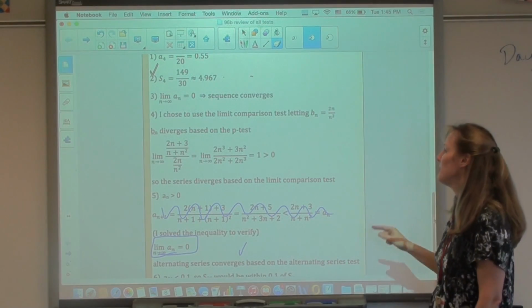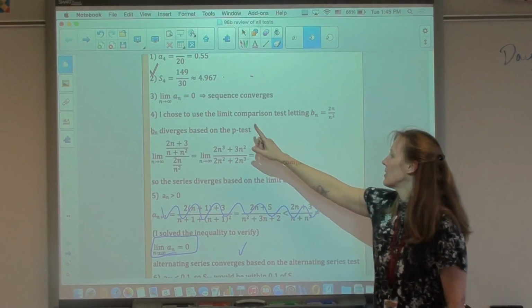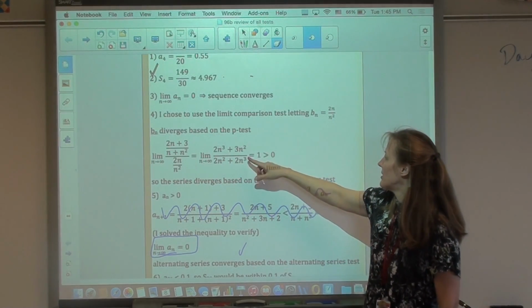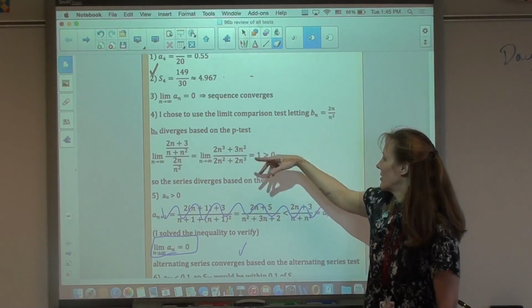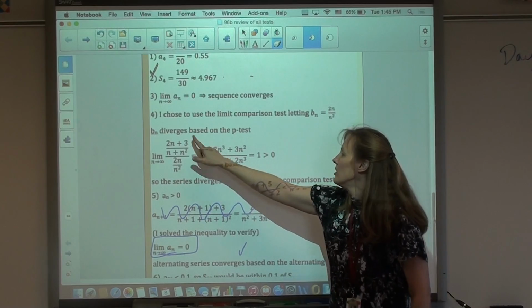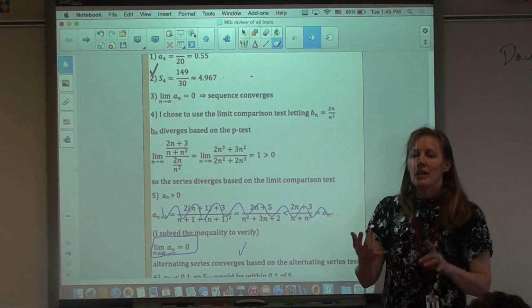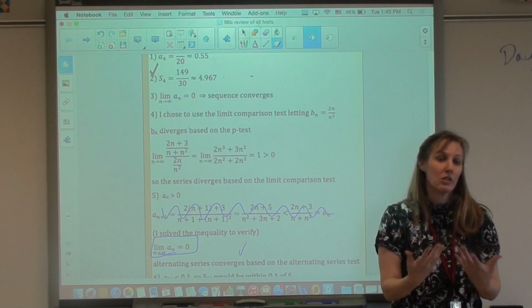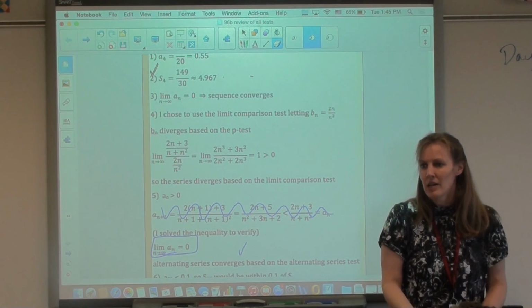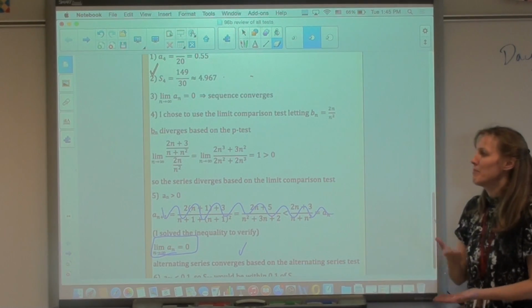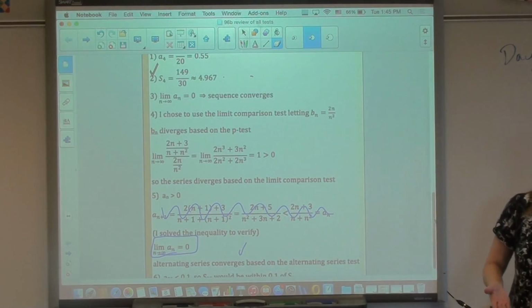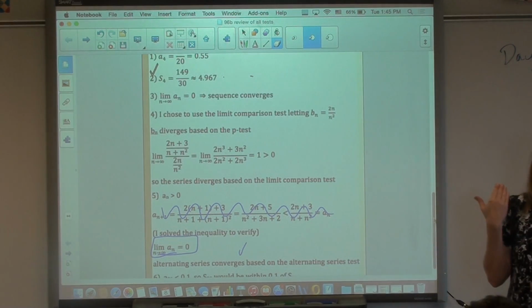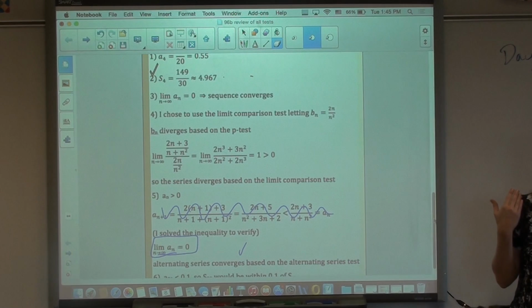As long as you have a limit, and remember the limit has to be finite and positive, then they match. And since 2n over n squared diverges, the other series also diverges.